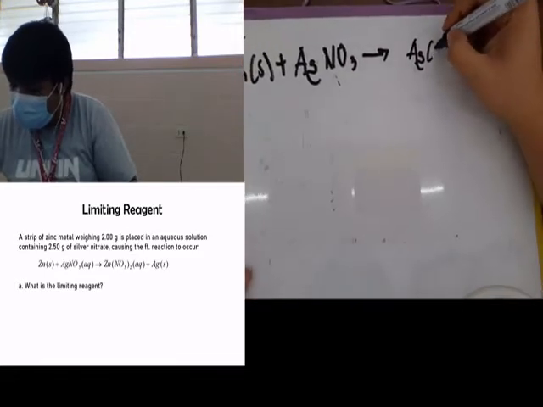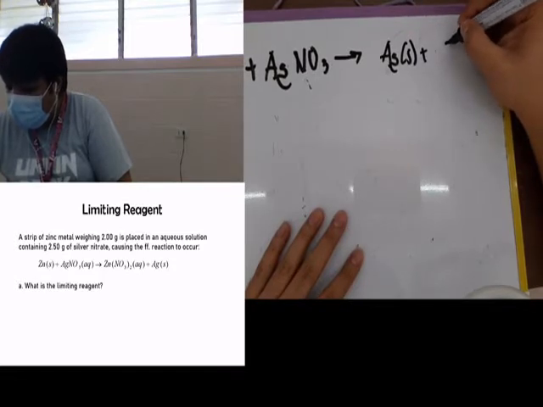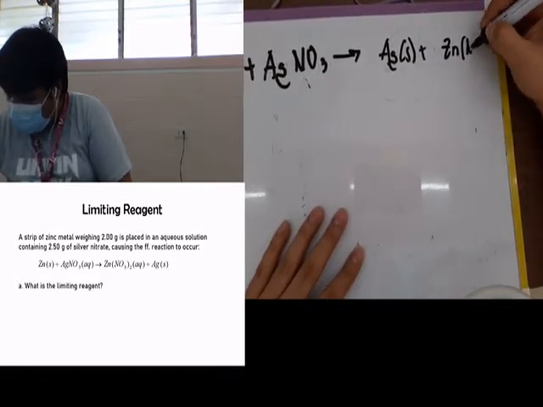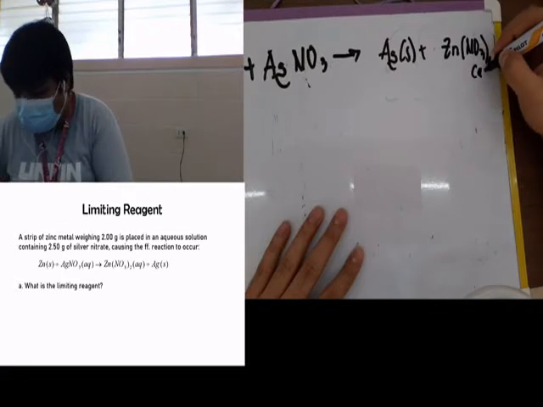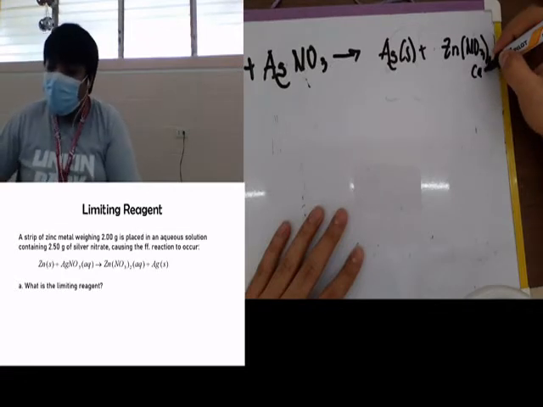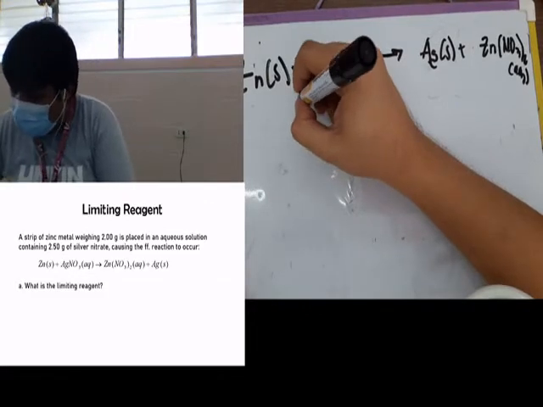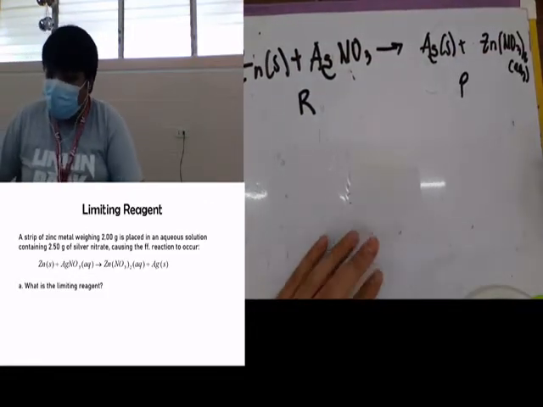Then you will produce solid silver, plus the zinc will react as zinc nitrate, and this will be dissolved in water, so aqueous. Let's try balancing this by balancing by ions, since this is a single replacement reaction.